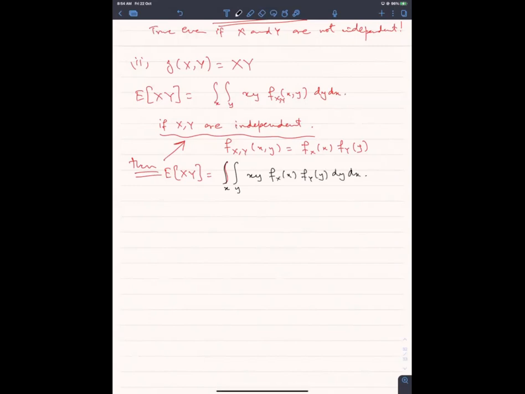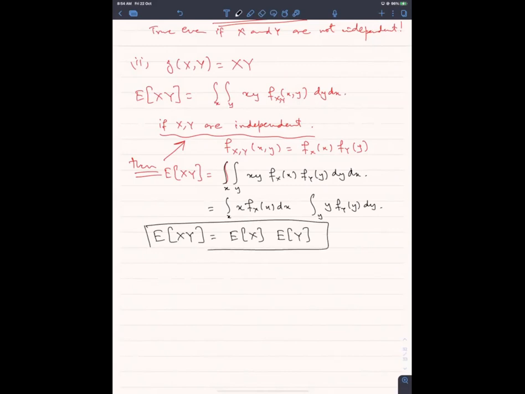These two integrals you can easily separate, and write it as the integral of x f_X(x) dx times the integral of y f_Y(y) dy. And this is nothing but expected value of x times expected value of y. Aha. So expected value of xy turns out to be equal to the product of the expected values only if independent. Only if independent, because we assumed independence, and only then could we separate these out. Otherwise we cannot separate them.